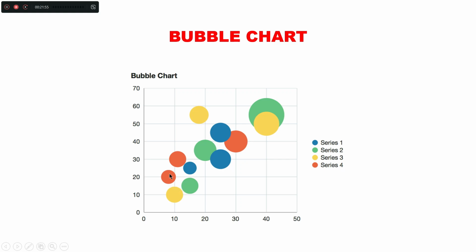In the beginning, the dots are smaller, and when the value is increasing, the dots are getting bigger. For example, within 12 months, the baby weight is increasing. That you can represent with the bubble chart. After 1 year, the baby weight will have increased more compared to 6 months, that you can express with the size of the dot. That is a bubble chart.